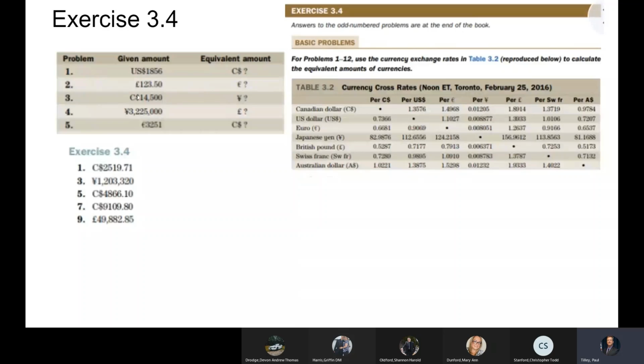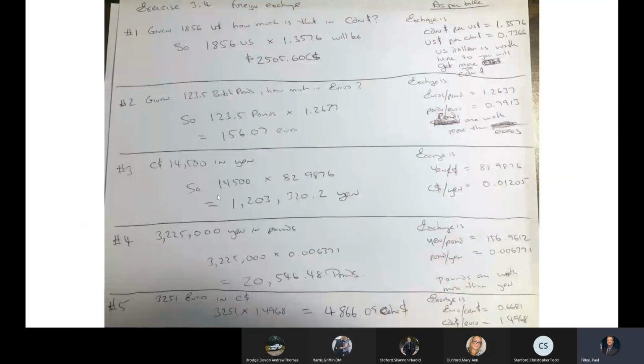So seeing we got our Canadian dollars, let's just multiply it by the multiplier for yen. So 14.5 times 82.98 will give us 1,203,320.2 yen.